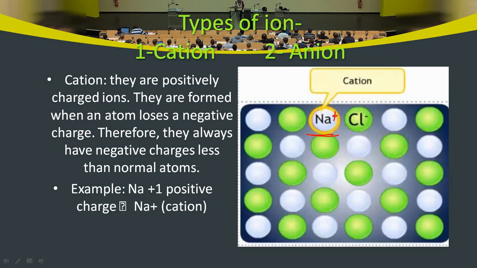When an atom loses electrons, they always have fewer negative charges than normal atoms. For example, sodium loses one electron, that's why it has a positive charge. But in the other example you can see there is a minus charge, means they are called anions. In the next slide we will see anions, which have a negative charge. So positively charged ions are called cations and negatively charged ions are called anions.